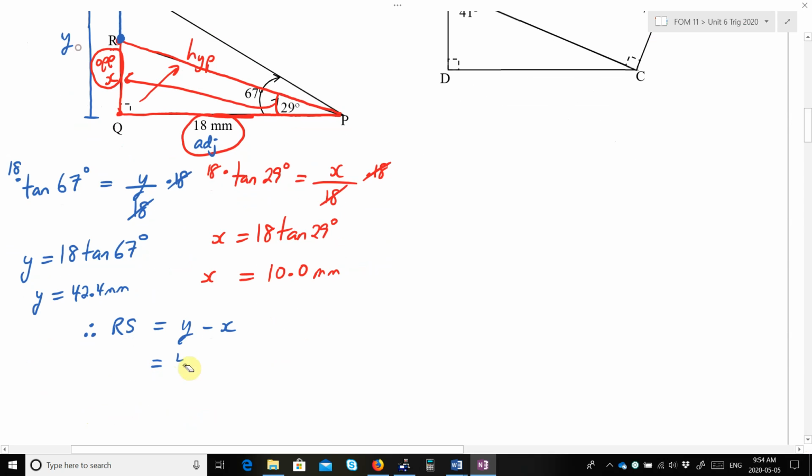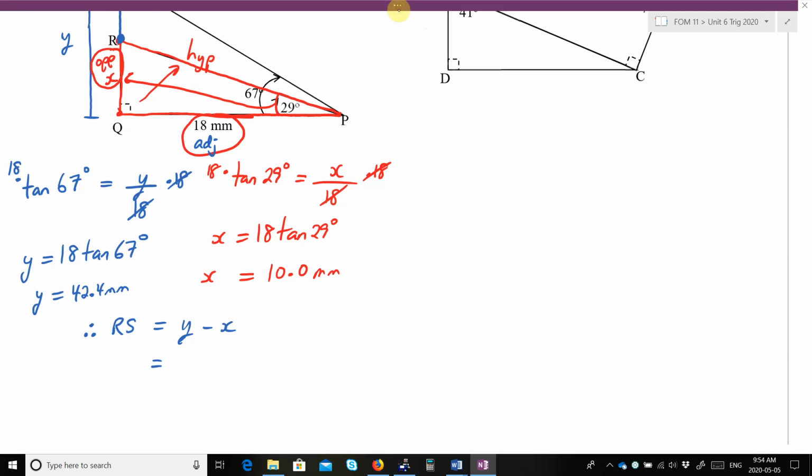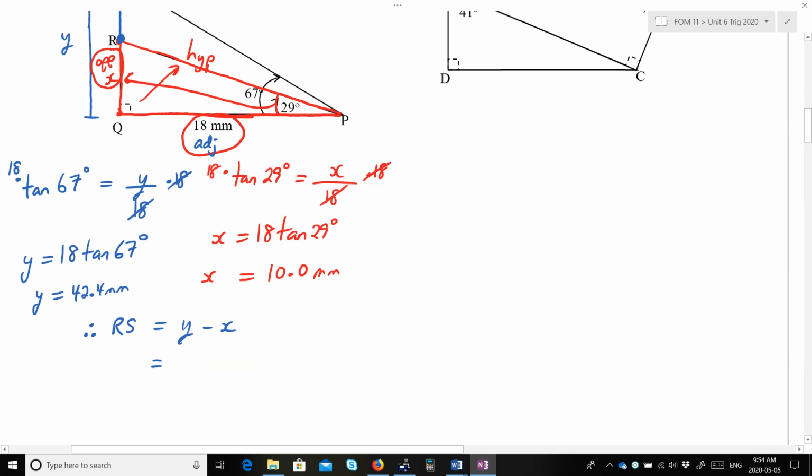I'm just going to do this calculation right now: 42.4 minus 10.0 is going to be 32.4. What is that, 1C? They have 32.4. Fantastic.